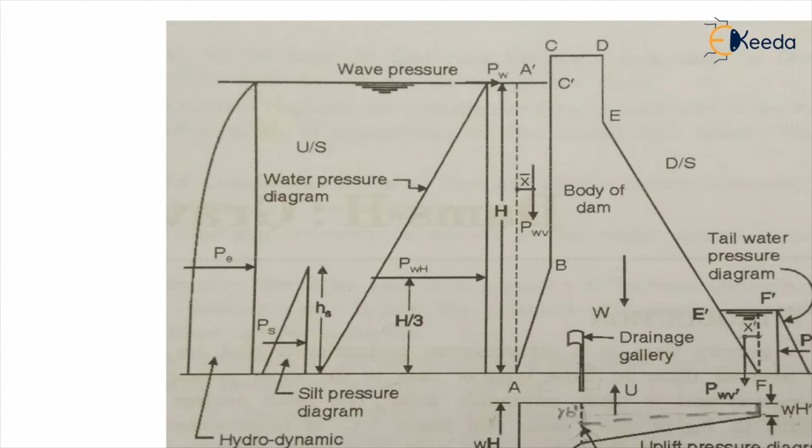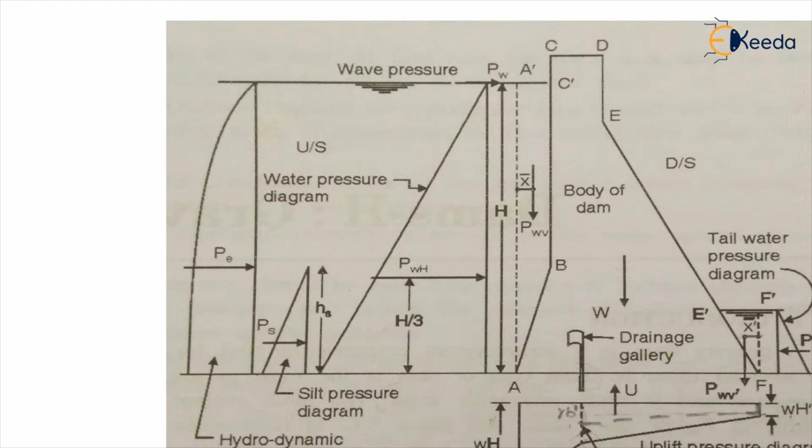According to the IS code, the specified standard value for wave pressure and wind velocity will be adopted for the gravity dam as well as for the earthen dam.